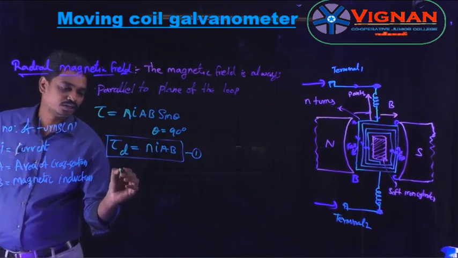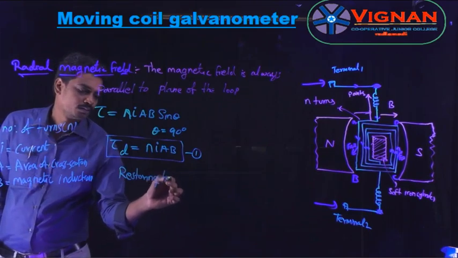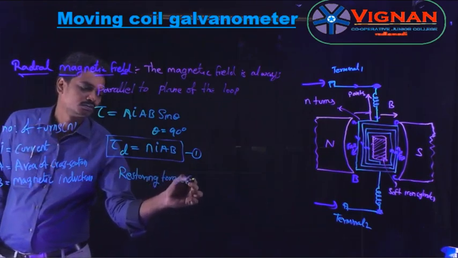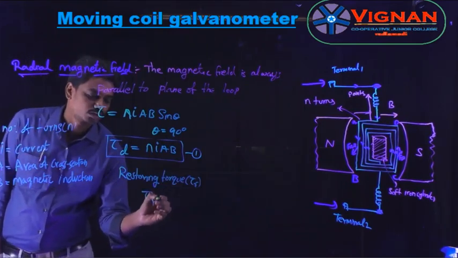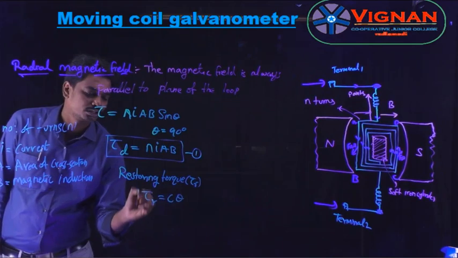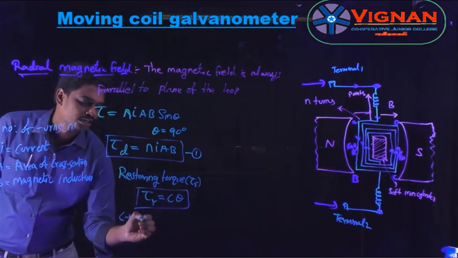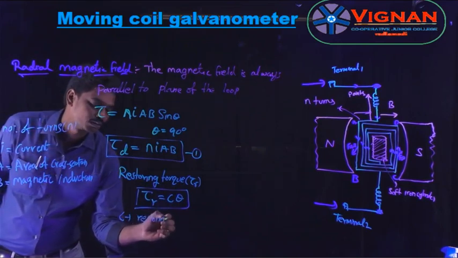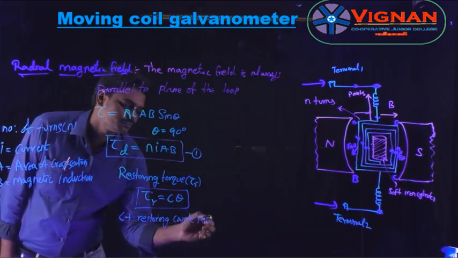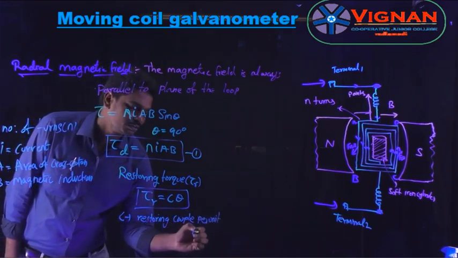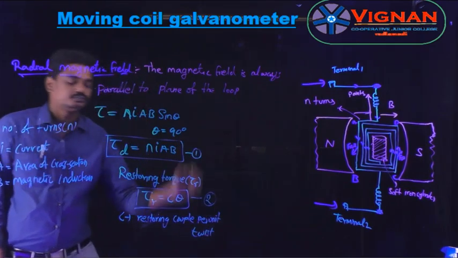The expression for the restoring torque, let it be tau r: restoring torque tau r is equal to C into theta, where C is the restoring couple per unit twist. Let it be equation number 2.